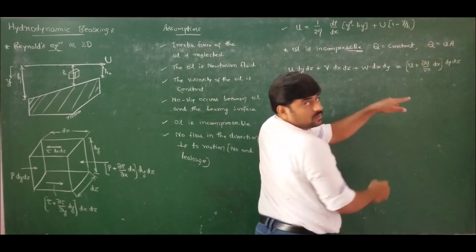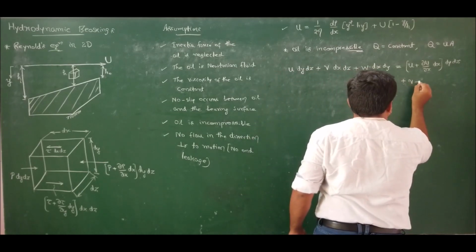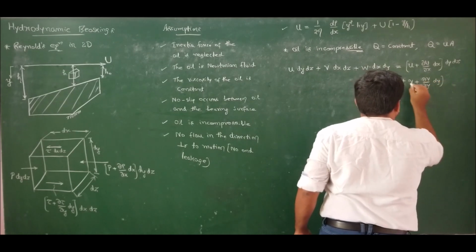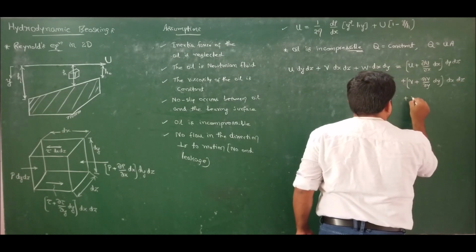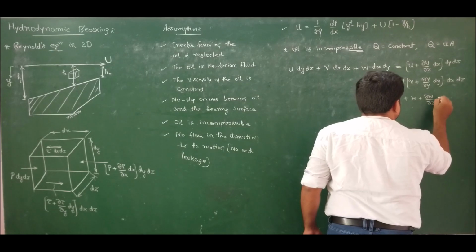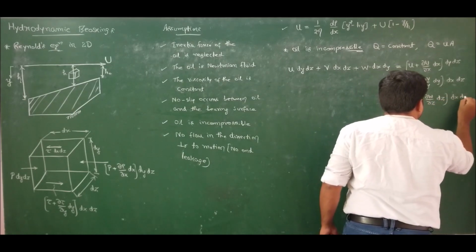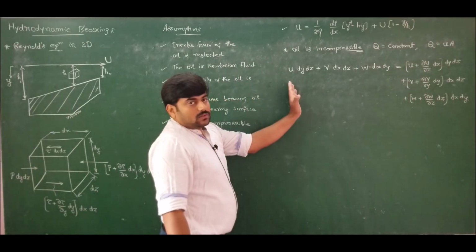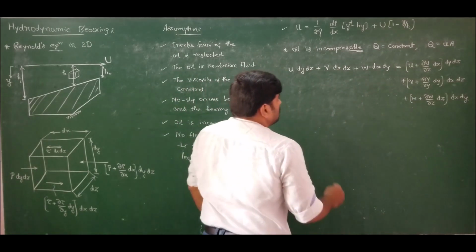Entering must be equal to leaving, plus (v plus dou v by dou y dy) dx dz plus (w plus dou w by dou z dz) dx dy. Now if I take right hand side to left hand side and subtract, what will I get?